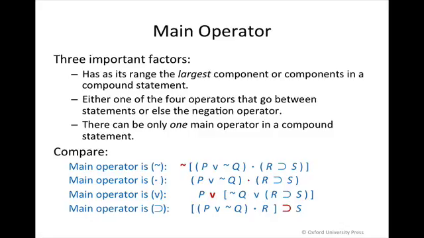There are sub-operators, and what we want to know, as you're building a sentence, is what the main operator is, so that at the end of building that sentence, you can determine that sentence's truth value. So when we're talking about a main operator, we're talking about the operator that drives or governs the sentence, and therefore also drives or governs the ultimate truth or falsity of that sentence.